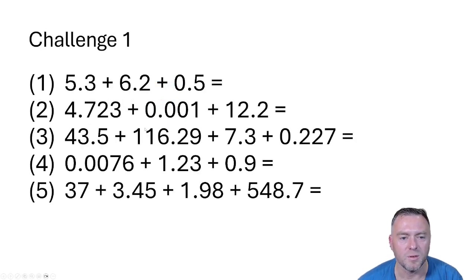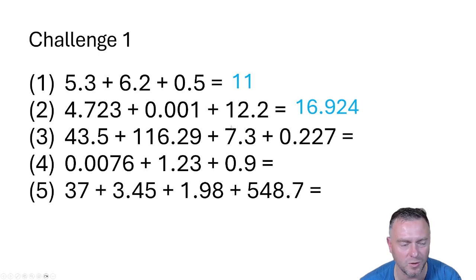Cool. So a little bit more of a challenge. Pause the video, have a go at those ones. For question 1, 5.3 plus 6.2 plus 0.5 gave you 11. Question 2, 4.723 plus 0.01 plus 12.2 gave you 16.933. Question 3, 43.5 plus 116.29 plus 7.3 plus 0.227 gave you 167.317.